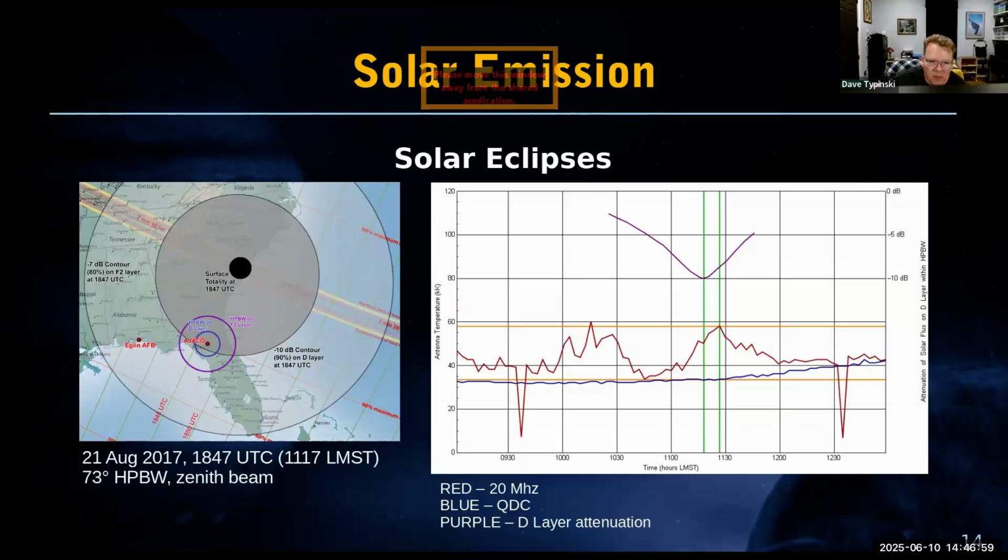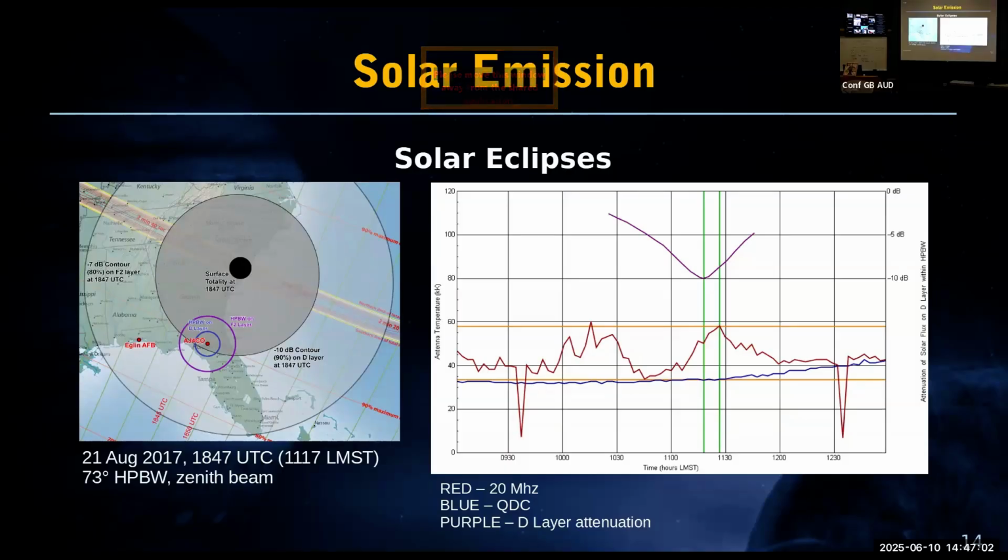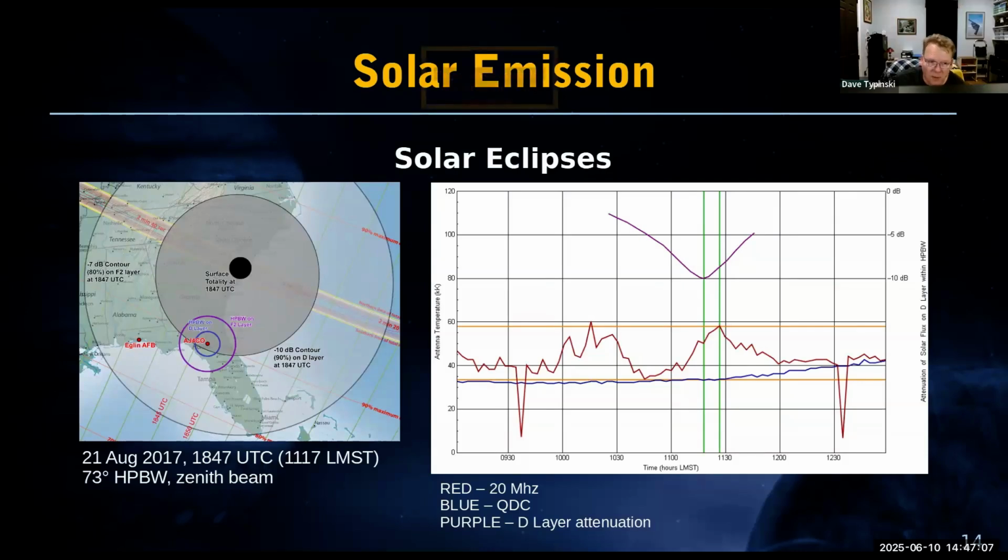The gray area is the amount of attenuation of solar radiation on the D layer, 90% attenuated, so 10 dB down. And then the light gray circle, that's the 7 dB contour. It was 80% down on the F2 layer, given the geometry of the shadow and the height of the ionospheric layers.